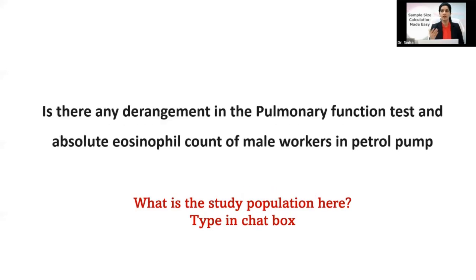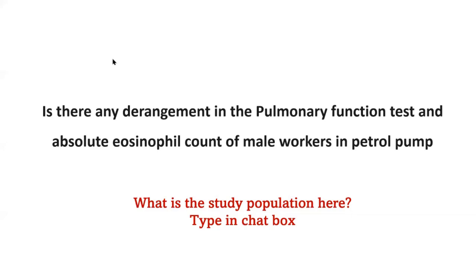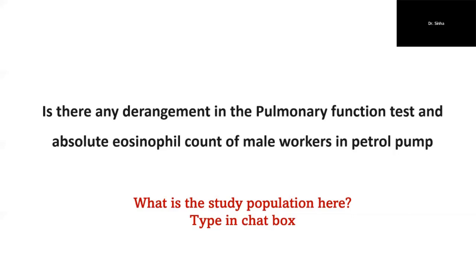Now, the third question: is there any derangement in the pulmonary function test and absolute eosinophil count of male workers in petrol pump? Yes, the answer is right, male workers in petrol pump.